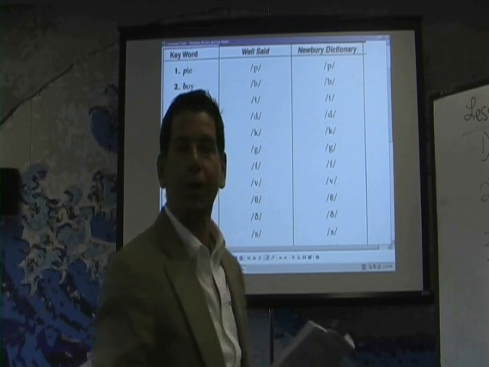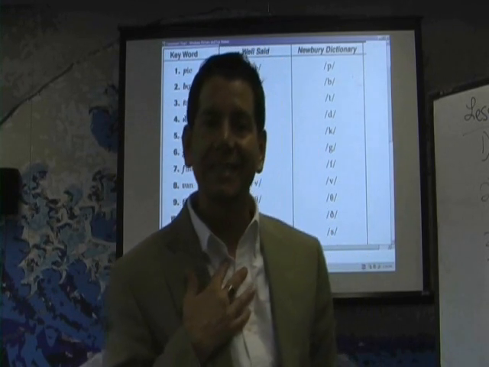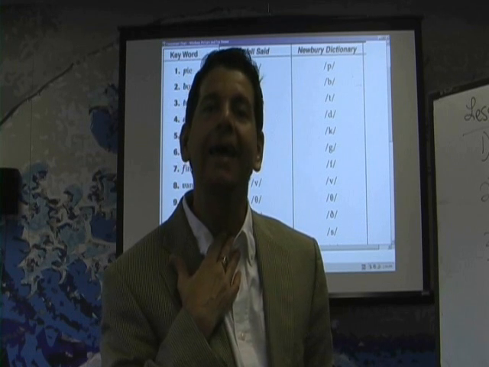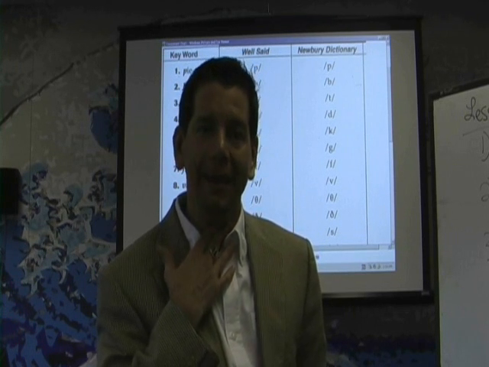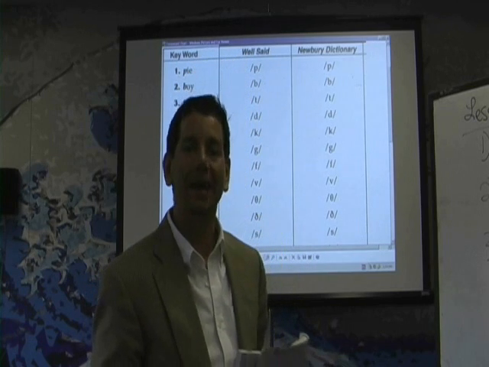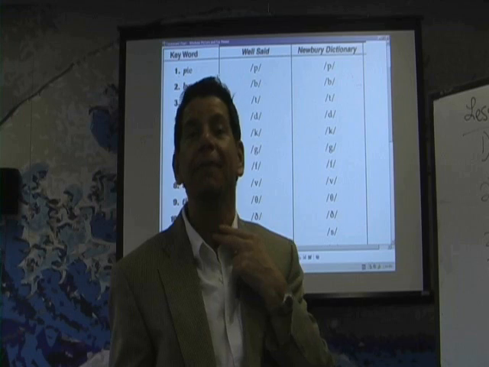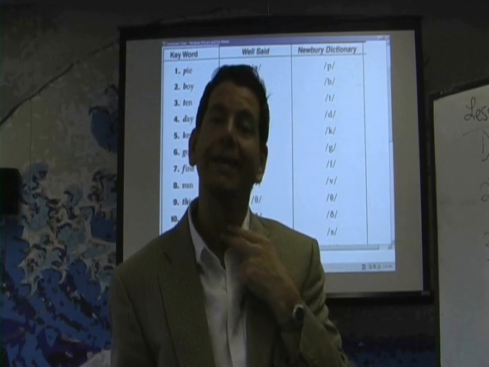Number 3 and 4 are the letters T and D, which make ta and da. Ta, da. So they're a counterpart. If you can make ta, you can make da.